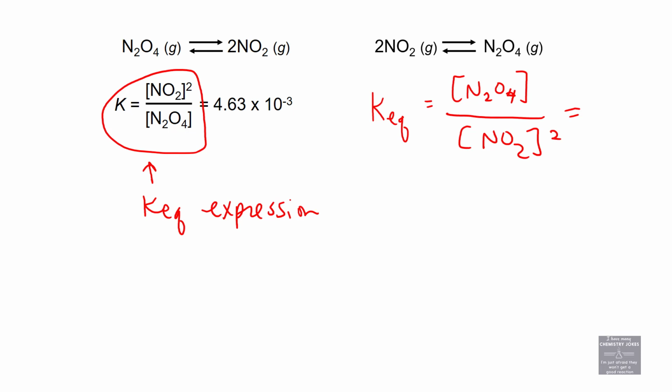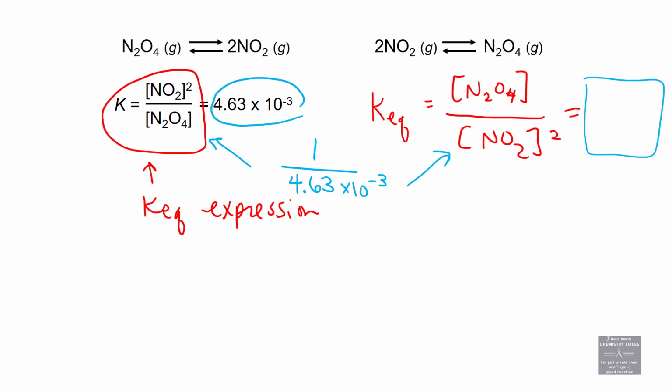Well, how does this KEQ expression relate to that KEQ expression? It's the same, but flipped upside down, right? The numerator and denominator have swapped places. What that really means is take this number and flip it upside down. So 1 over 4.63 times 10 to the negative 3 equals the KEQ of this one.